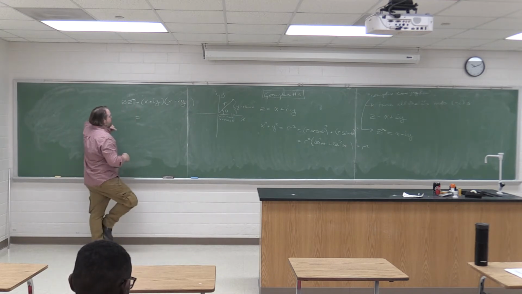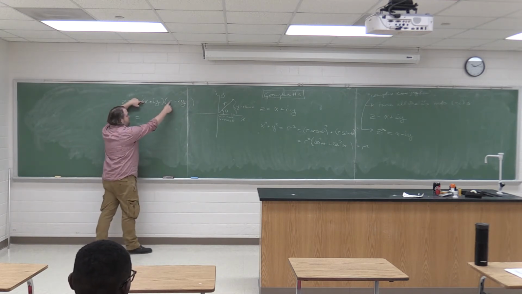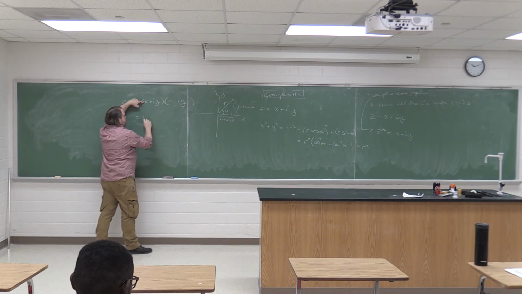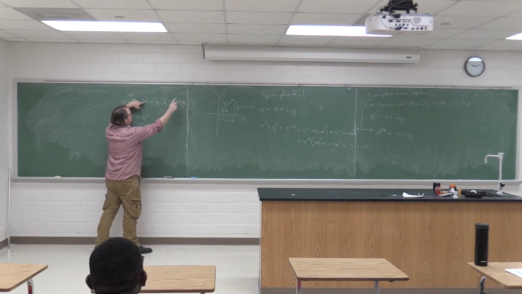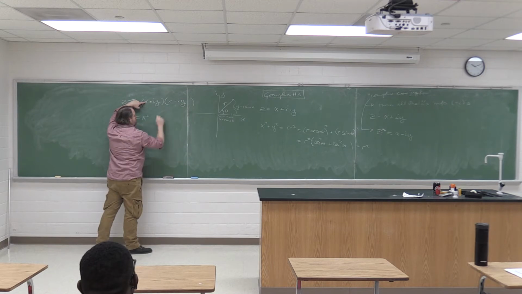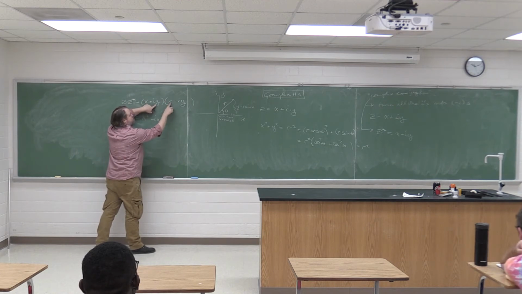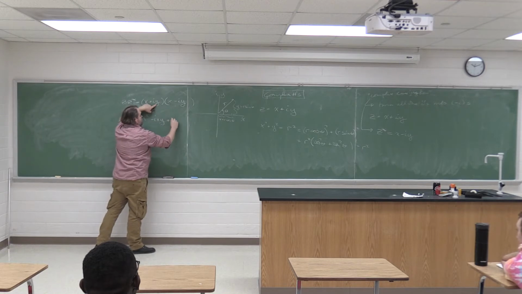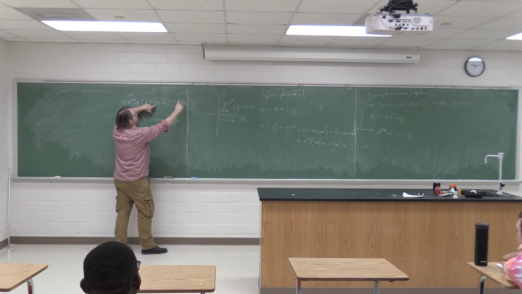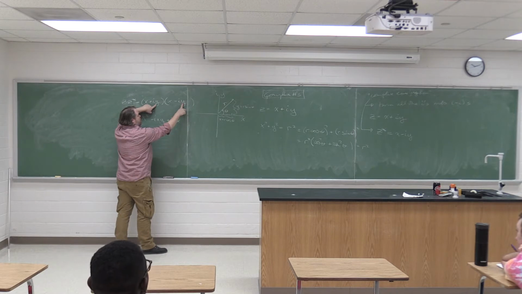We need every possible combination. So this times this is what? x squared. This times this is what? Negative x iy. Exactly. Now, this times this is what? And then this times that is what? Negative y squared.